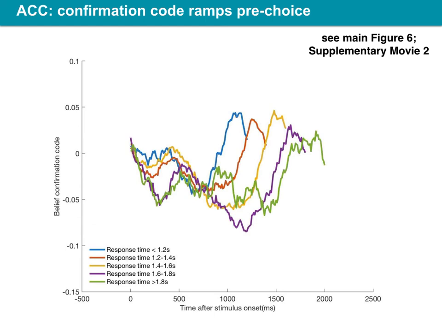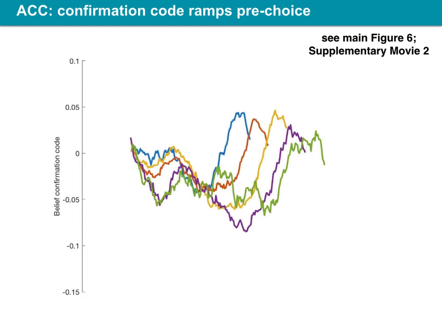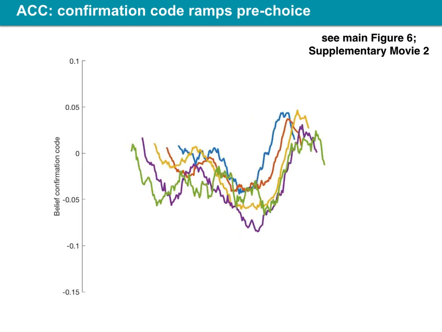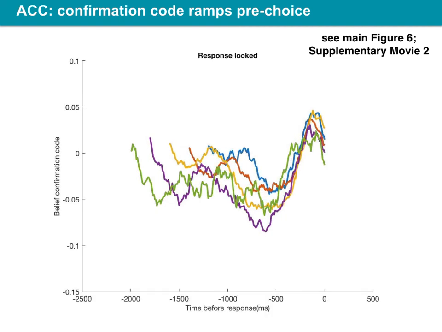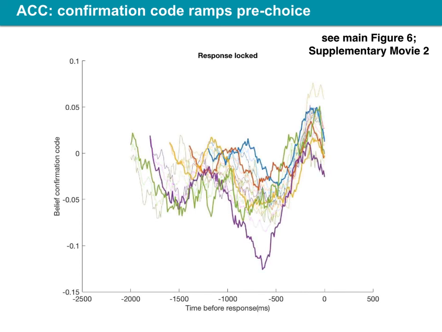You can see that it's slightly suppressed in the trials where the subject takes a particularly long time before they commit to making a response. So we can slide this across so that it's response locked, and we'll see that it peaks a couple of hundred milliseconds prior to the time when the choice is being made. So there seems to be that belief confirmation code confirming which choice I should make.